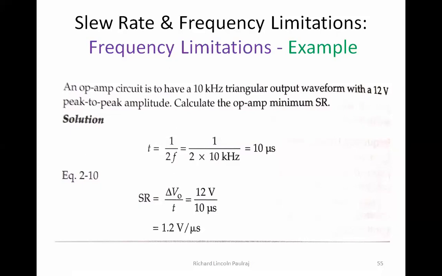Yes, 0.24. See, it's simple, right? 12 is already there. So instead of 10, you put 50, leave the microsecond, leave the volt because it's already here. Volt per microsecond. You're just going to do 12 divided by 50. That's it. So 0.24 is going to be your value.